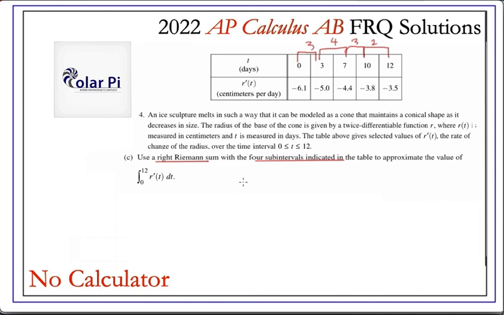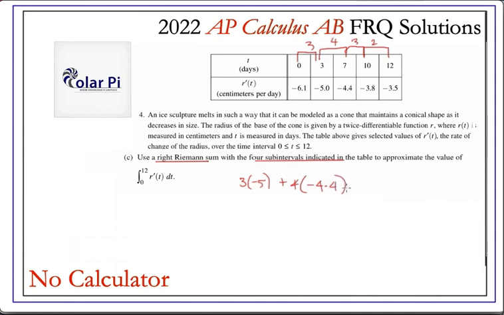The first is going to be 3. That's delta x, the width of the interval, and that's the base of our rectangle. The height is evaluated on the right-hand side since we're doing right Riemann. It's not f, it's R prime, so we write R prime of 3, which we know to be -5. The next is 4, times R prime of 7, that's -4.4.